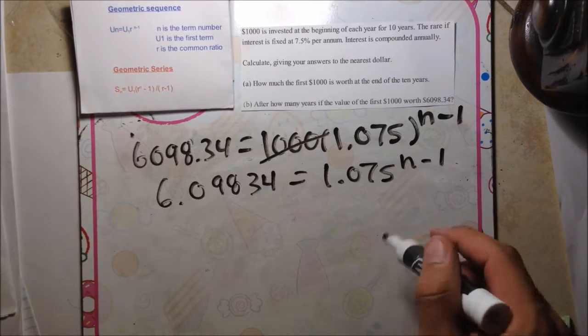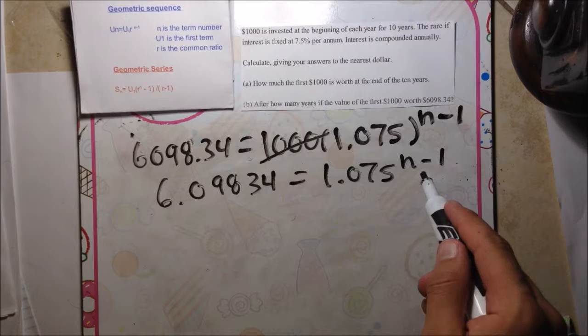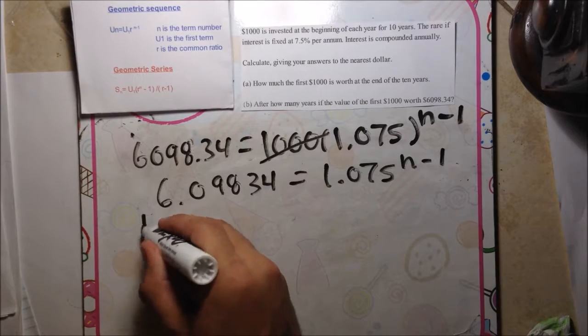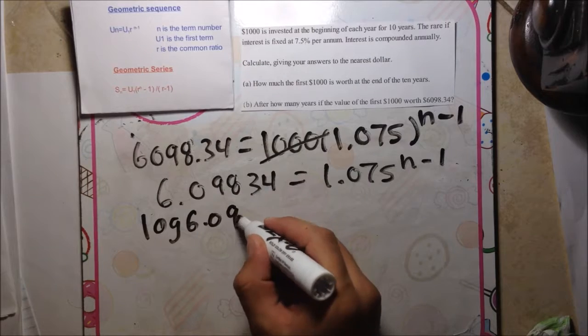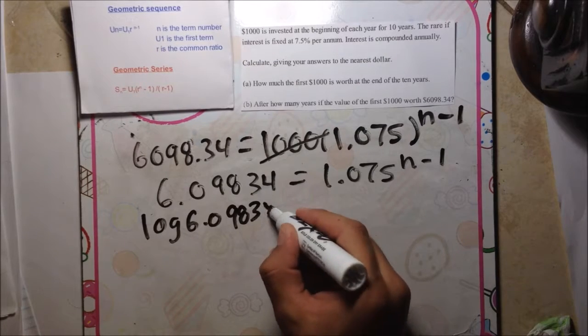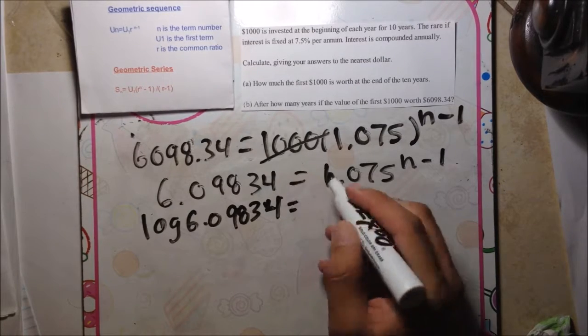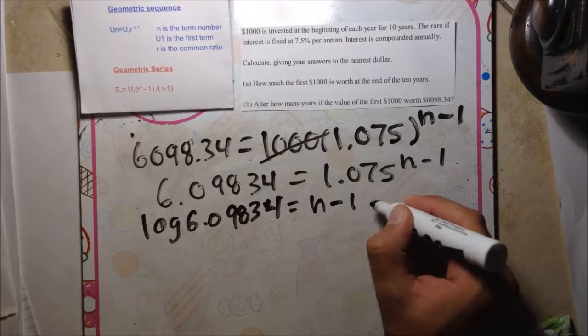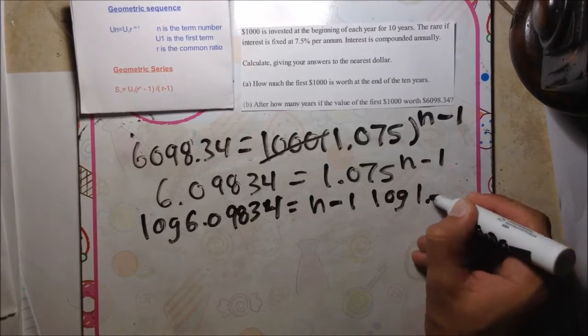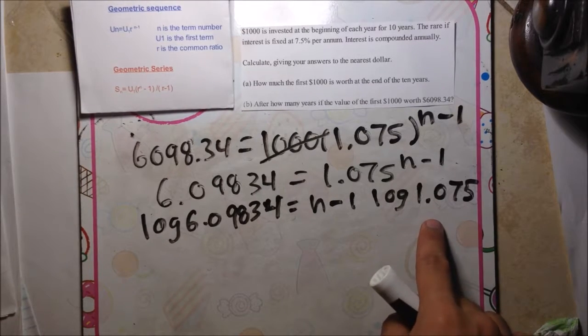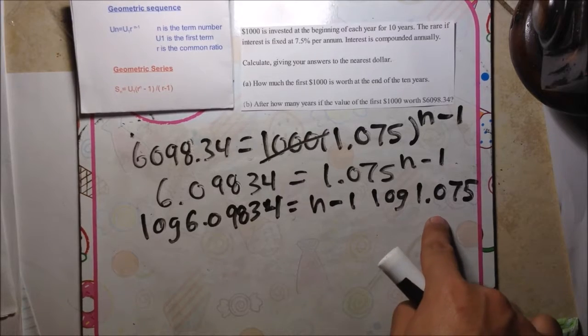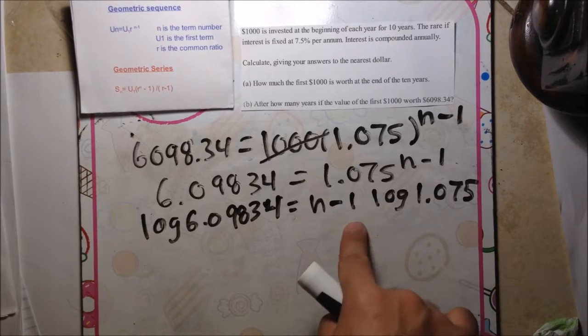Now we want to get rid of this exponent, so we can use log to do this. We do log 6.09834 equals n minus 1 times log 1.075. Now we can simply divide this number by this number in order to isolate n minus 1.